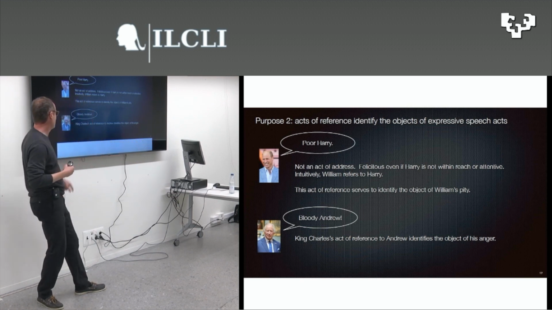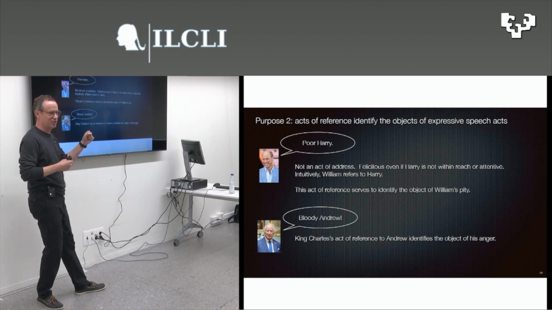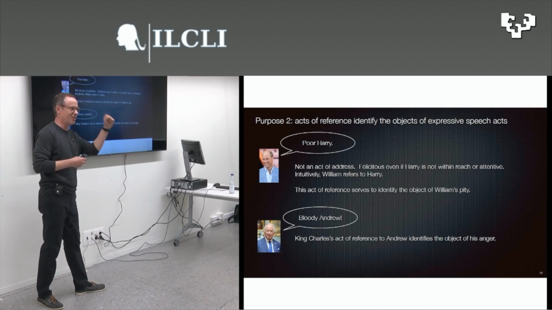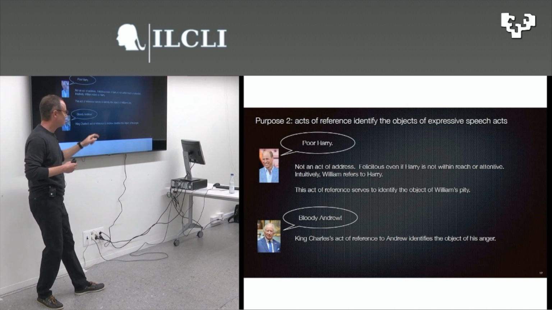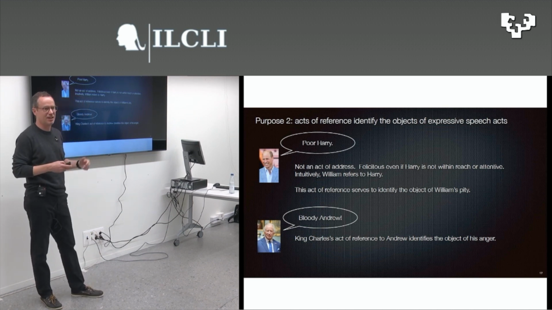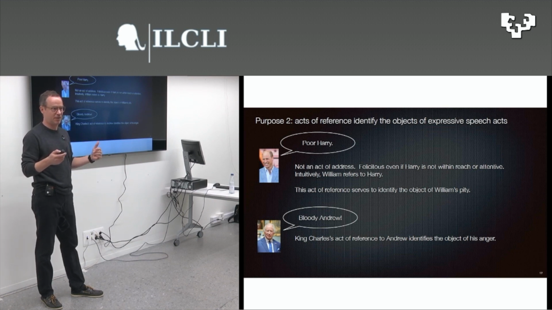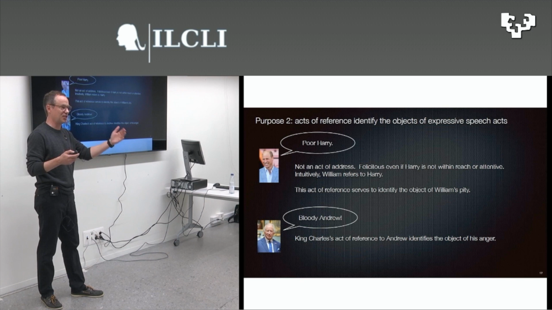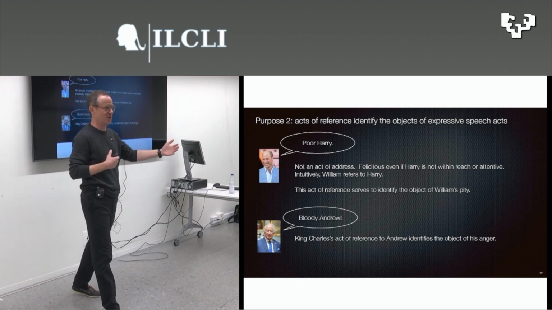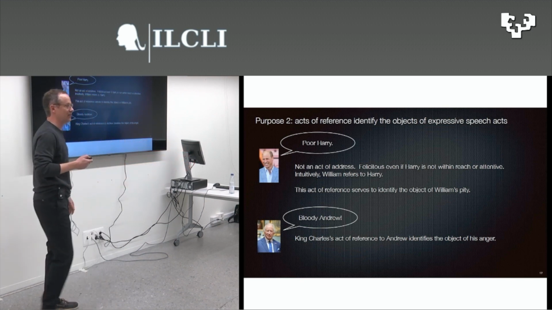Same thing going on here. Charles says, bloody Andrew. He's expressing anger or frustration with Andrew. The act of reference is identifying the object of his anger. Okay? So that's another role for acts of reference. They identify the objects or targets of our expressed emotions in expressive speech acts.